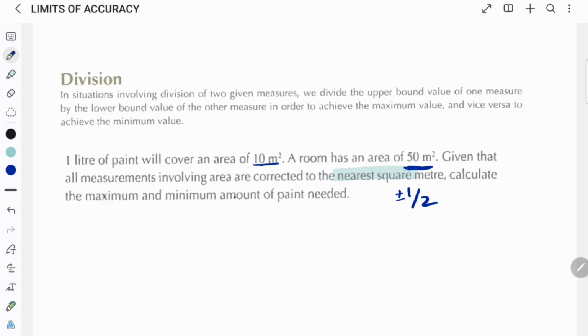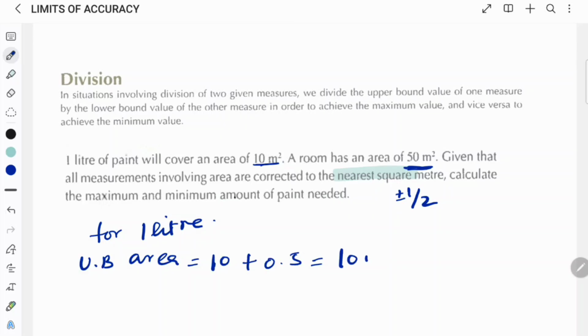For 1 liter of paint, the upper bound area is 10 plus 0.5, which equals 10.5 meters square, and the lower bound area is 10 minus 0.5, which equals 9.5 meters square.